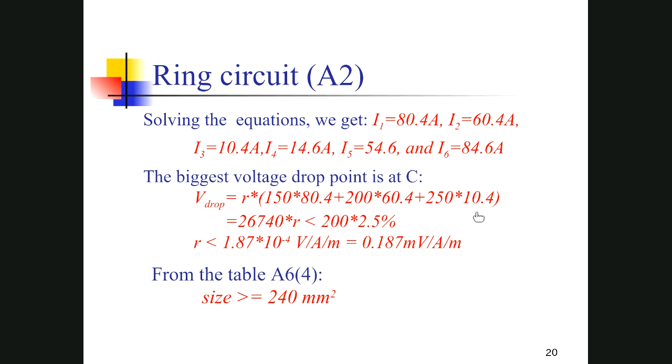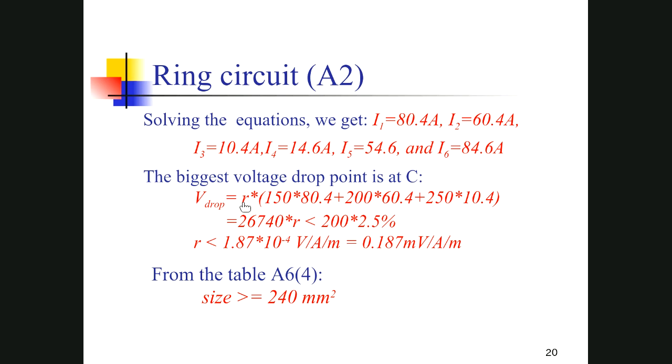So R1, I2, R3 from the upper side. Okay, the R here we suppose is the voltage drop per ampere per meter for 2 conductors together.